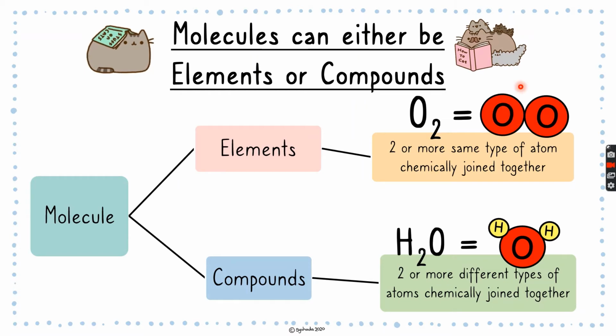You can see here for the oxygen gas that there are two atoms of oxygen joined together. But for the molecule that is a compound, which is the water molecule, there are two or more different types of atoms chemically joined together. The two types of atom here are atoms of hydrogen, and the other type is this oxygen right here. Only one atom of oxygen is connected to two atoms of hydrogen.